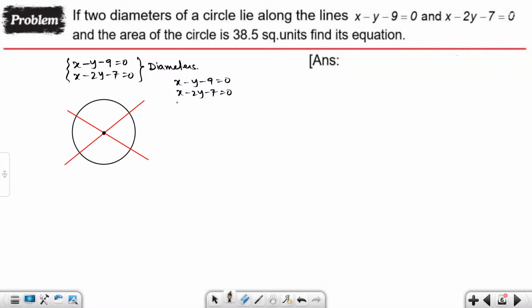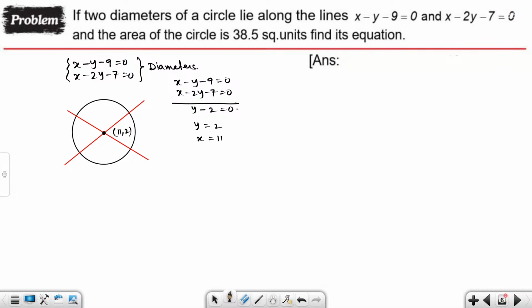So simply subtract. So you are going to have y minus 2 equals to 0 implies y is 2, right? If y is 2, you are getting x as 11. Therefore, the center of this circle is at 11, 2.